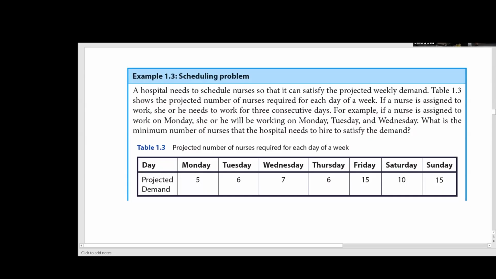The number of shifts added should be, so if I add those 5 plus 6 plus 7, which is 18, plus 6, 24, plus 15, 39, 49, 64, divided by 3, 64 divided by 3 will be 21.3.